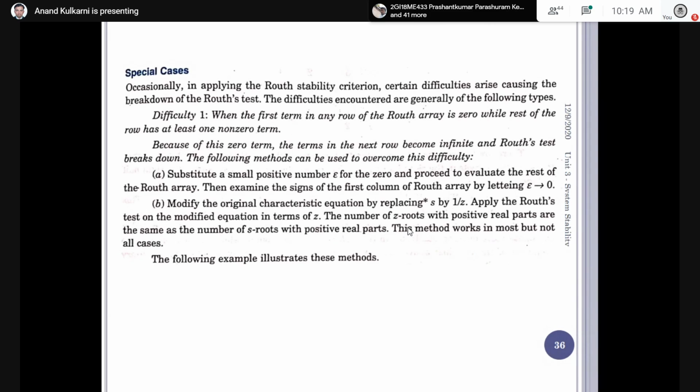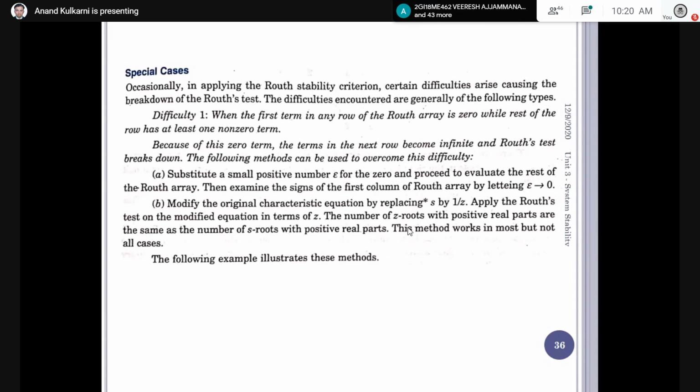They are called quadrantal roots. That means two roots on the left hand side, two roots on the right hand side, but they are at the same distance along the y axis and also along the x axis. For example, -1 plus j, -1 minus j. -1 plus j is on the left hand side at a distance of 1 unit towards the left and +1 unit towards the upper side.